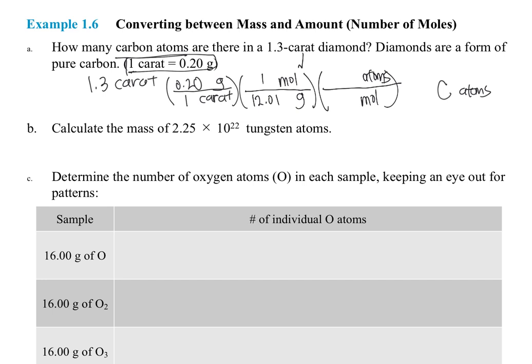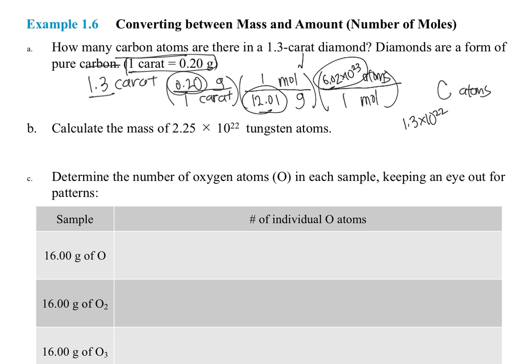Since we're dealing with a pure carbon to begin with, we are not in a molecule here. We don't need to go to molecules, we can just go straight to atoms. Again, we have a 1 with the mole, Avogadro's number up here with our grouping. And so we're going to take 1.3, multiply by 0.2, divide by 12.01, and times by Avogadro's number. And you should get 1.3 times 10 to the 22 carbon atoms.